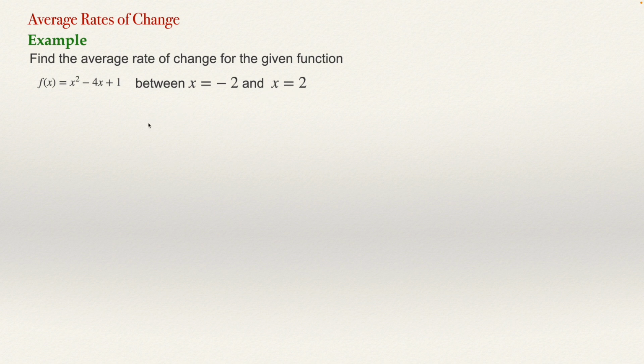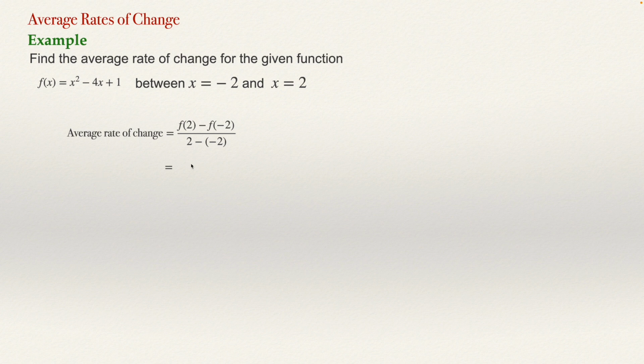We can use the formula: the average rate of change is the function evaluated at the second value minus the function evaluated at the first value, divided by the second value minus the first value. So it is f of 2 minus f of -2, divided by 2 minus -2. To find the image of each value, we only need to substitute the value for x.